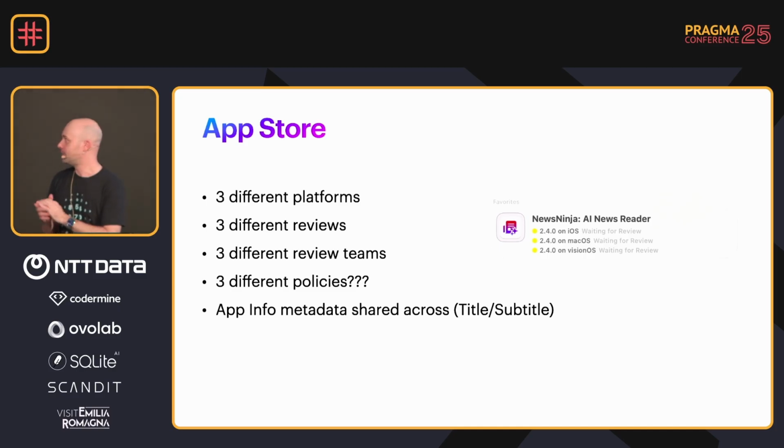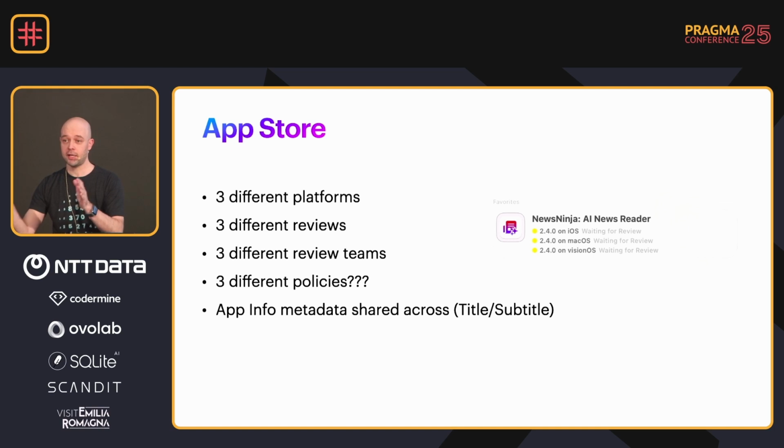One thing though. The reviews are done by 3 different teams, and they use 3 different policies, apparently. So what do I mean by that? Let me explain it a bit. Before, let me clarify one thing. When you develop and publish an app on the App Store which uses multiple platforms, there is some info that is shared across all the platforms, something like title, subtitle, age rating, categories.